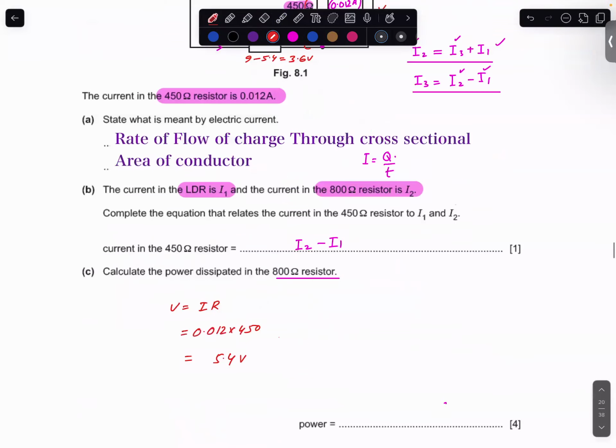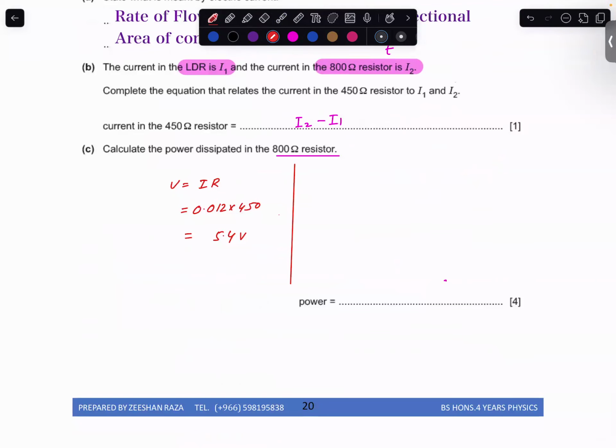Now it's very easy for me to find the dissipated power across the 800 ohm resistor. For this purpose, I will use power is equal to V squared over R, because V is available and R is available. This gives me 3.6 squared divided by 800. After calculation, the answer will be 1.6 into 10 raised to power minus 2 watt.